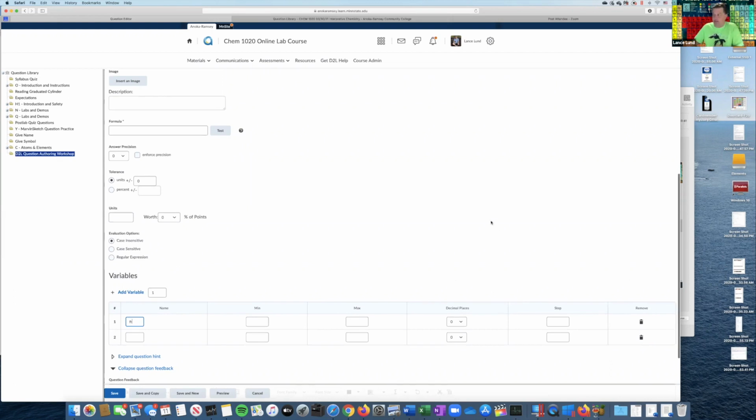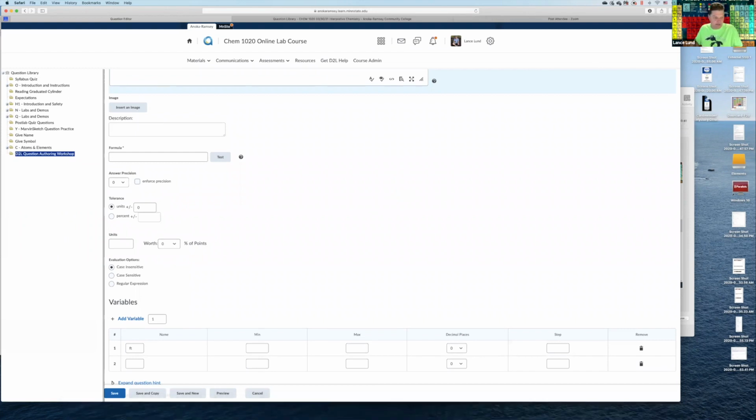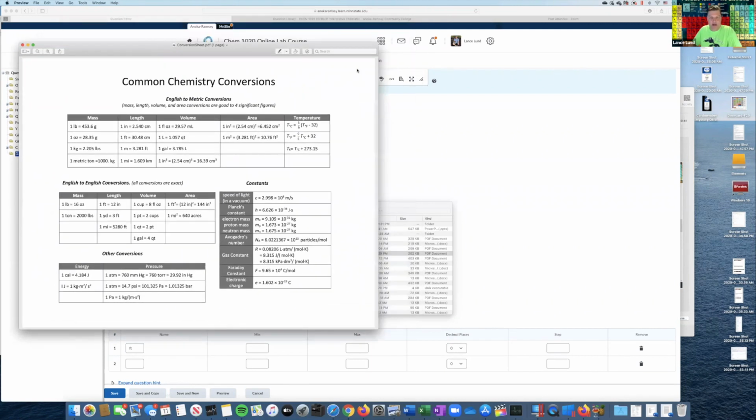Now, of course, if we were to think about how this might occur, I don't have my tablet PC hooked up here, but if I were to bring out a list of conversion factors real quickly, which I can pull up, there'd be a couple of different ways to do it.